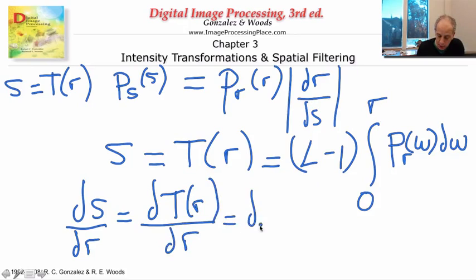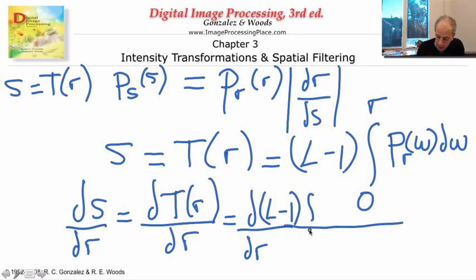So it's the derivative, according to R, of this expression that we have here, L minus 1 times the integral from 0 to R of p_r(w) dw. I apologize that the rows are going one on top of the other, but I think it's very clear.